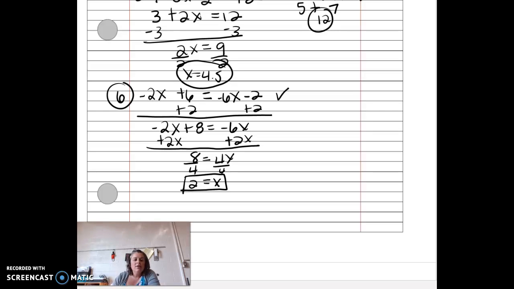And let's check. So we have a negative 2 times 2 plus 6. That gives me a negative 4 plus 6, which gives me 2 on this side. The right-hand side, I have a negative 6 times 2 minus 2. Uh-oh, this doesn't check out, does it?